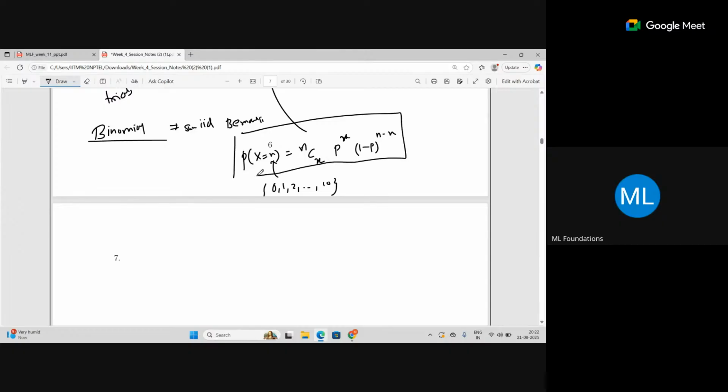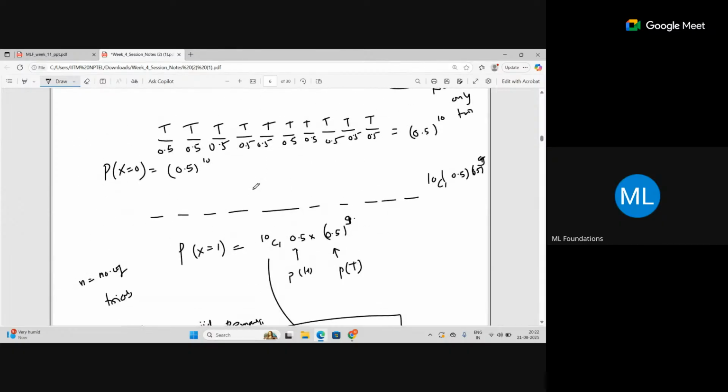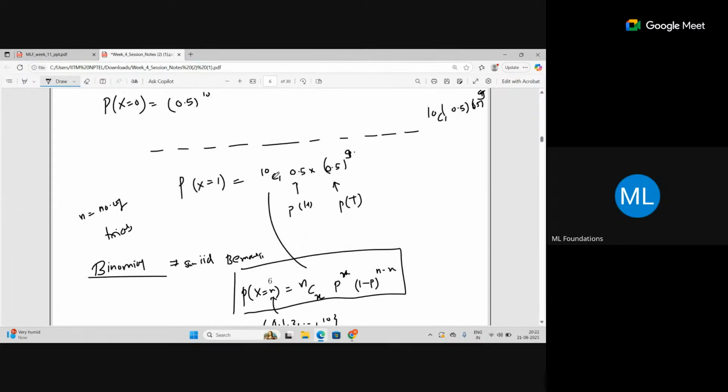Is that fine? So you can actually connect it here. How many n was there in this case? n equal to 10. x equal to 1, right? 1 is small x, and what is the probability of success?